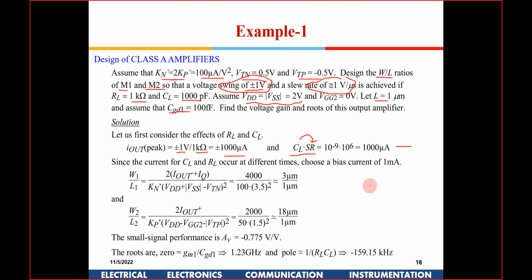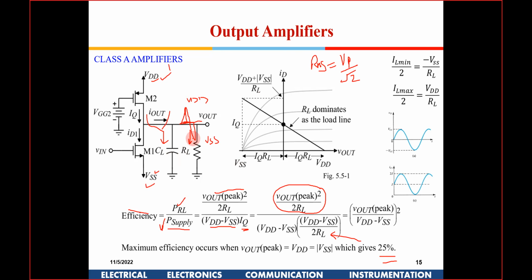Sir, we can supply only this much current, 1 volt by 1 kilo ohm, whatever we calculate here? No, see, the current which is going to flow here is there, but to meet the slew rate, suppose I have a larger capacitor, then this should be able to provide more current into the capacitor.